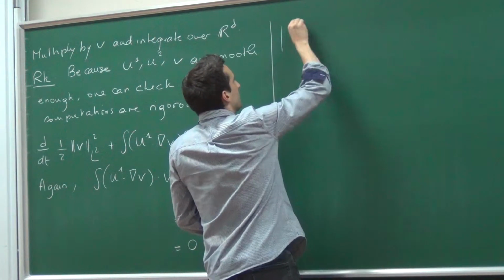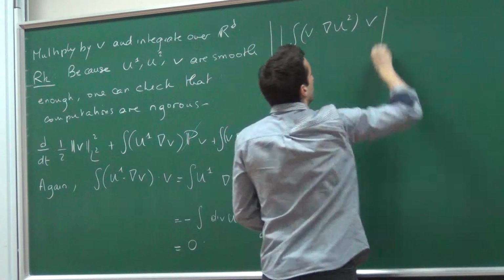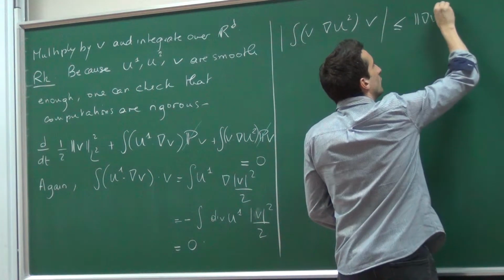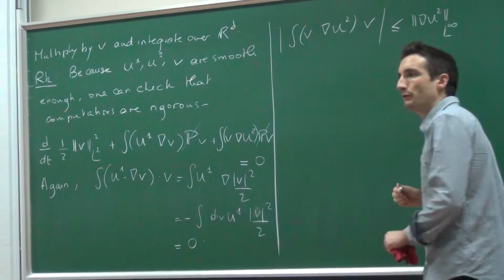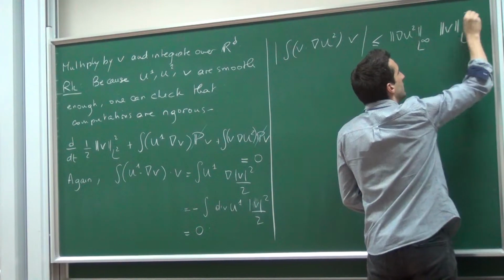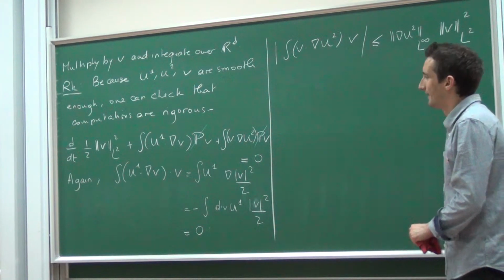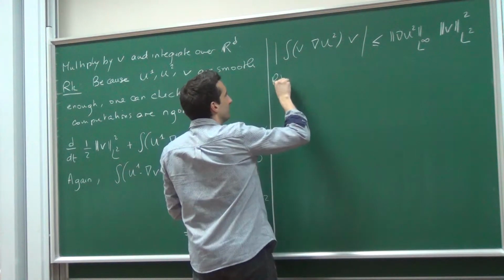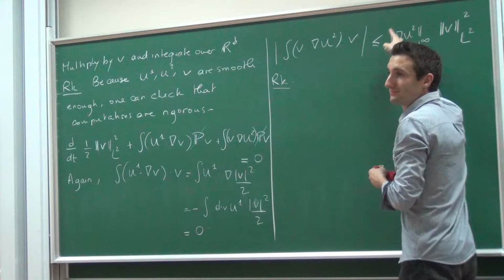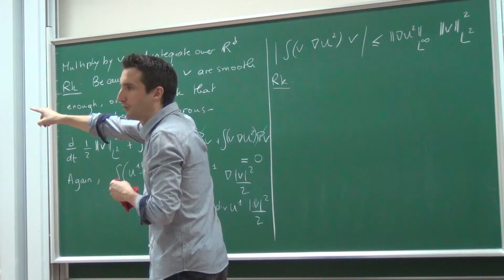Okay? What you can say is that V dot grad U2 times V, you take the absolute value, you can bound it by the norm of gradient of U2 in L infinity times the norm of V in L2 squared. And again, here, we use that this guy is finite. Why is this guy finite? It's because of our choice of s.